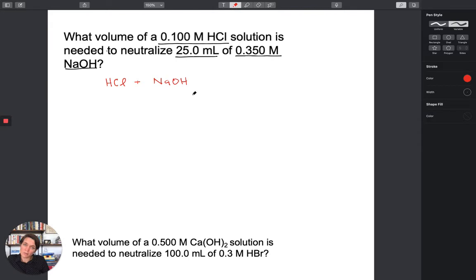So just like we saw with precipitation reactions, this isn't necessarily the clearest representation of our species in solution. So actually what we have here for our reactants can be written like so.